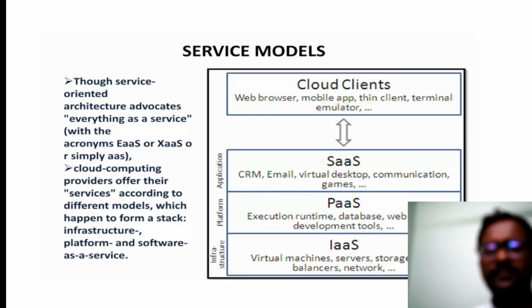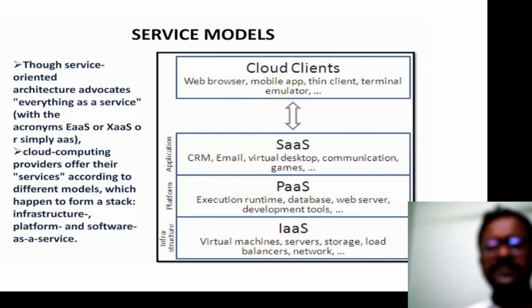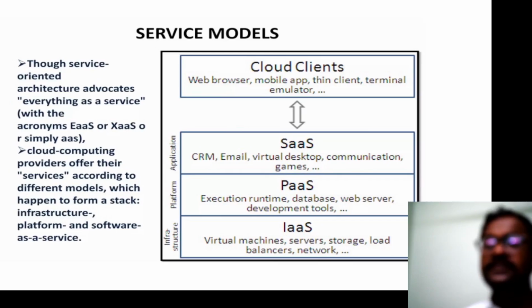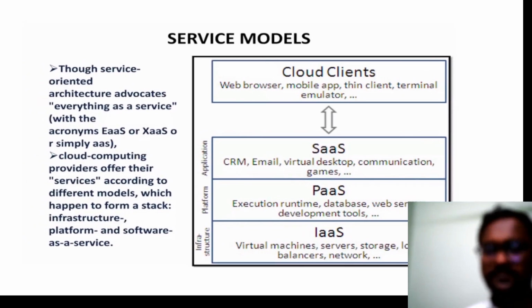PaaS, that is platform as a service. Okay, the execution runtime, database, web server, and development tools are platform as a service. Infrastructure as a service is nothing but virtual machines, servers, storage, load balancers, and network. That's nothing but VPN also.